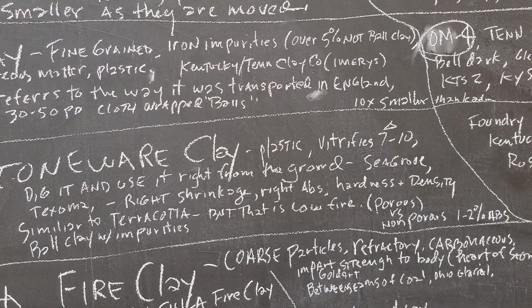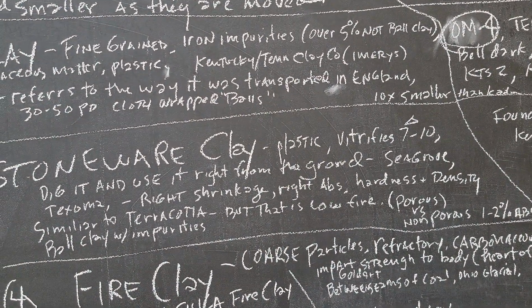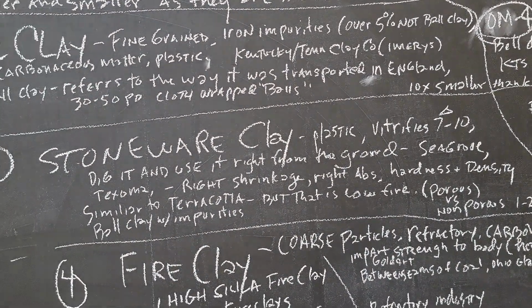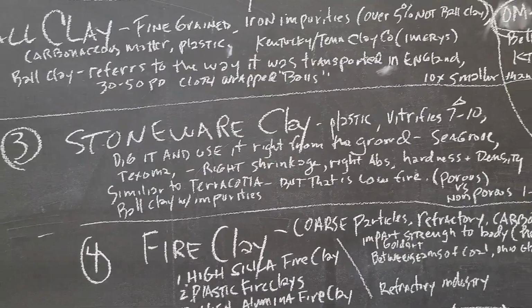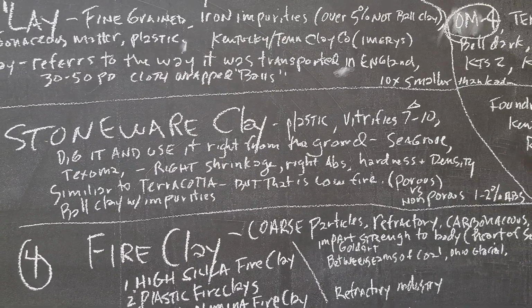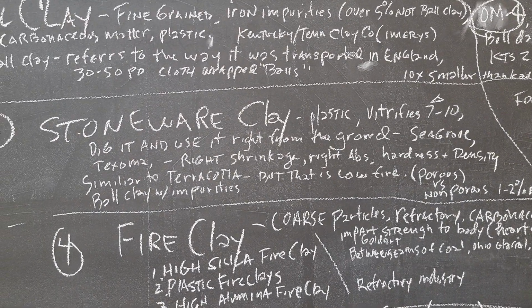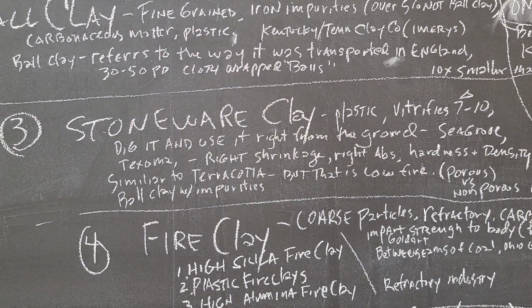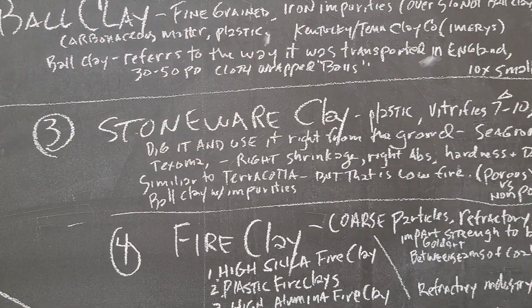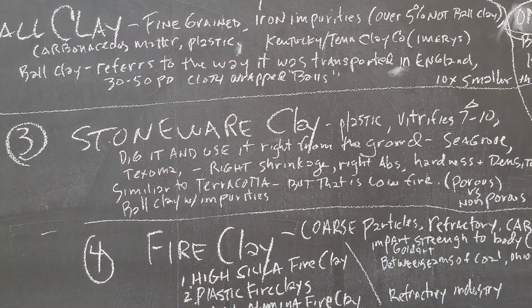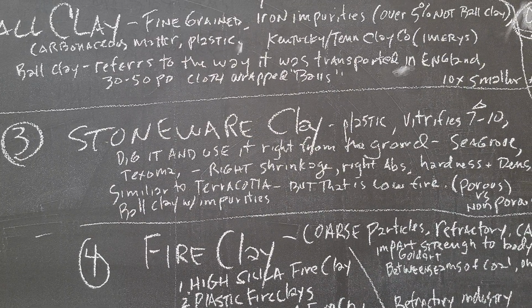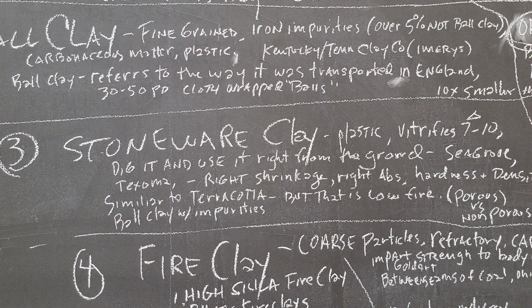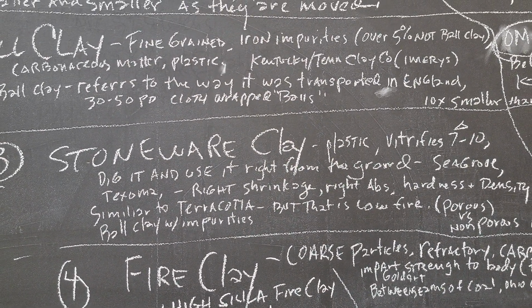You don't have to add feldspar to it. You don't have to add grog. You don't have to do anything. You just use it right out of the ground. Seagrove is a place where there was a bunch of high fire clay that you could dig, or Texoma. It's similar to terracotta. Terracotta you can also dig straight from the ground and use, but it's low fire.